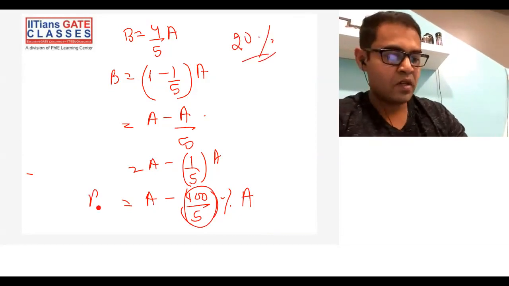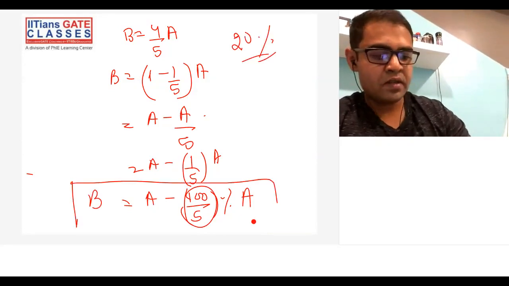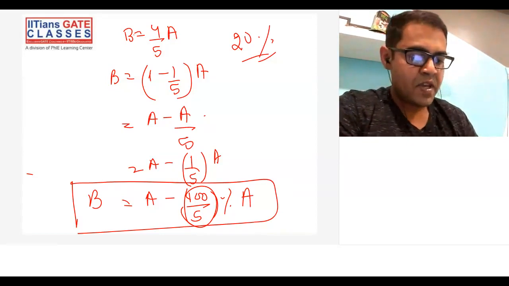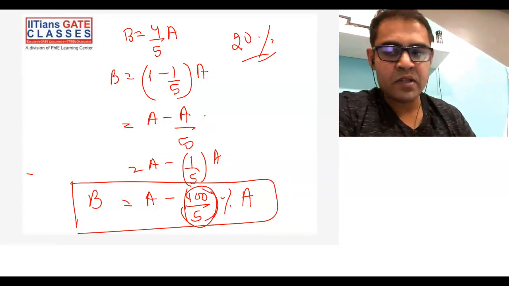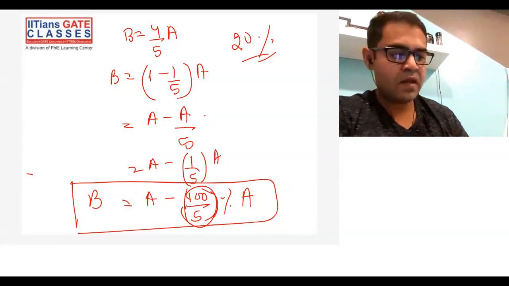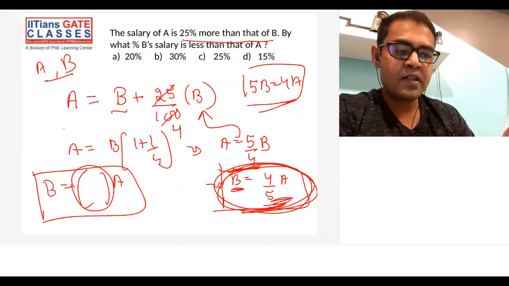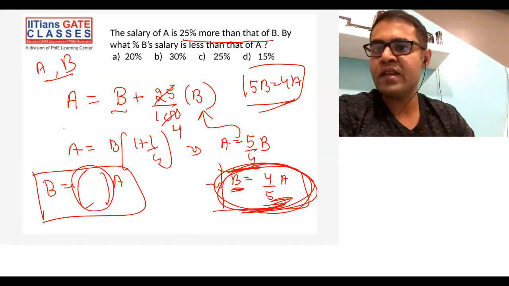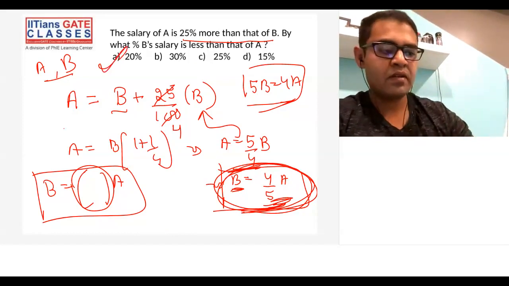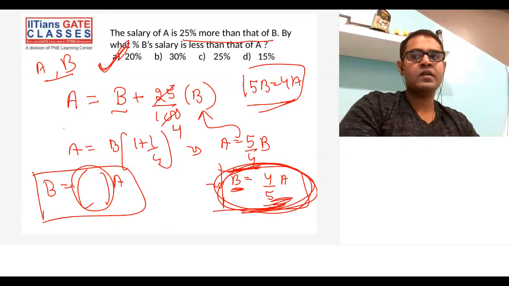So B salary is 20% less than that of A. In the question they are asking by what percentage B salary is less than A. So I got the answer as 20%. So option A will be the right answer.